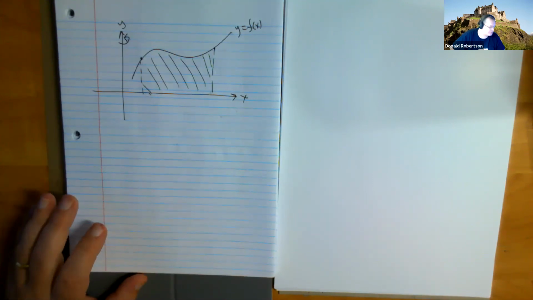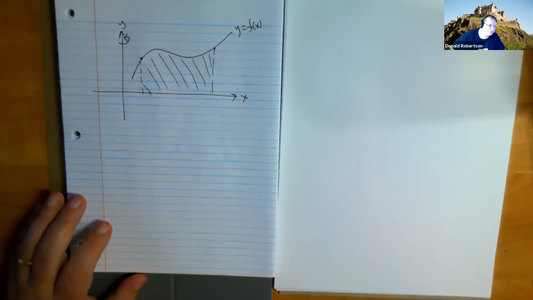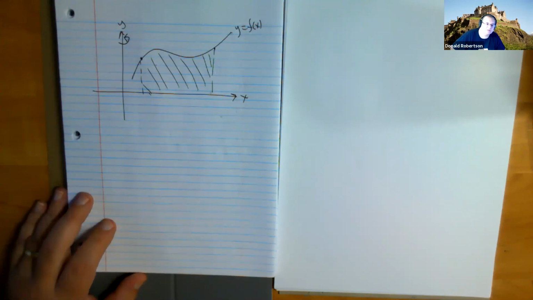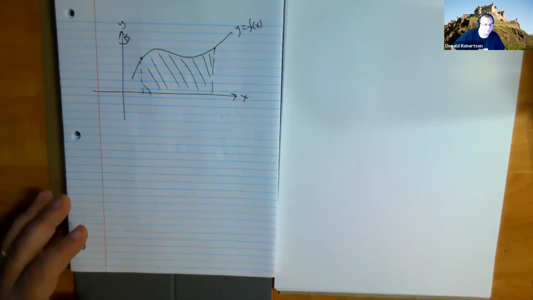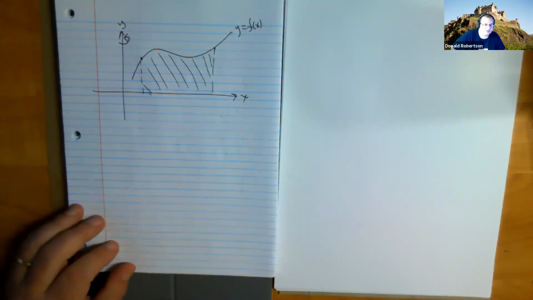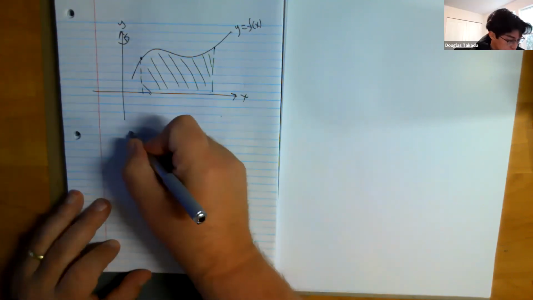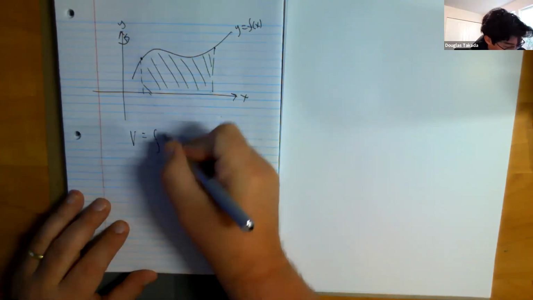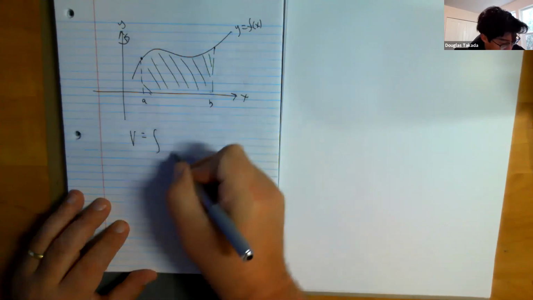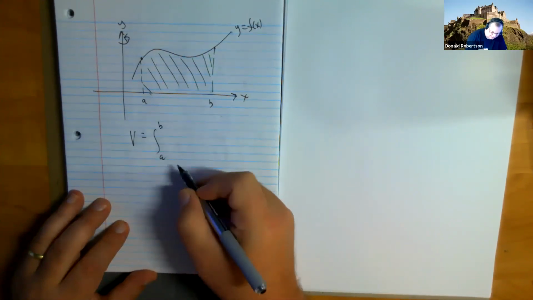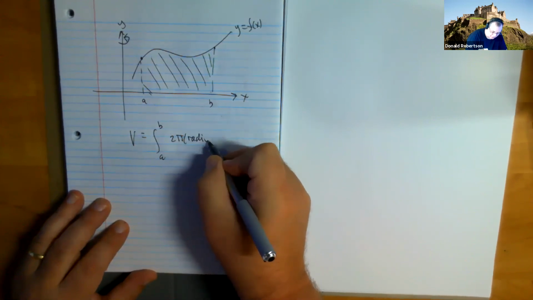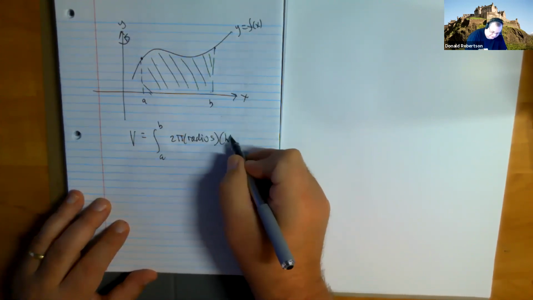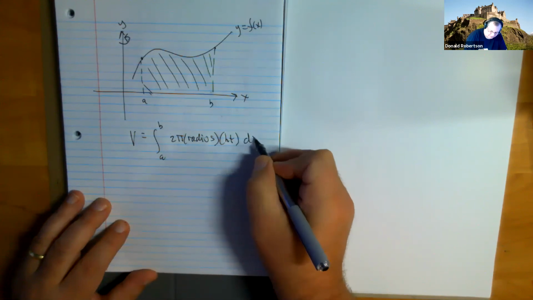Now, if I'm doing the disk method, if I rotate something about the y-axis, don't you do everything in terms of y, right? It'll be distance, big guy squared, take away little guy squared, dy. But in the shell method, it's the integral from a to b of 2 pi radius height dx.